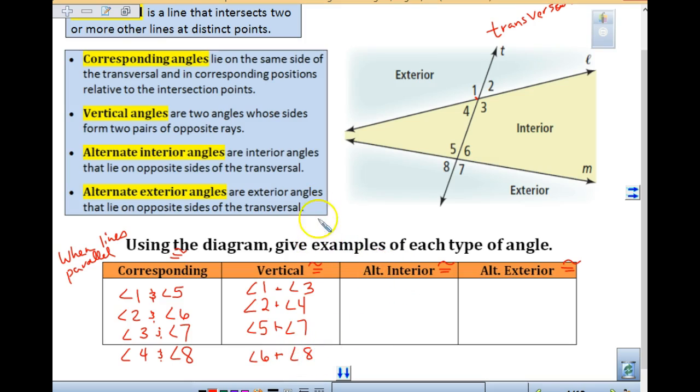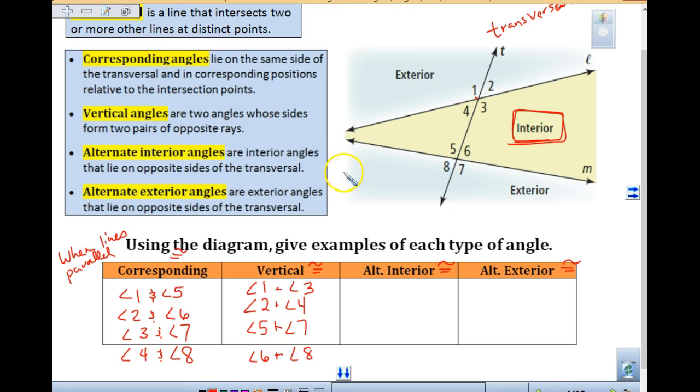Alternate interior. Whitney, would you please read what it says? Alternate interior angles are interior angles that lie on opposite sides of the transversal. So, interior angles. We're only talking about 3, 4, 5, and 6, right? Those are our only ones on the interior.